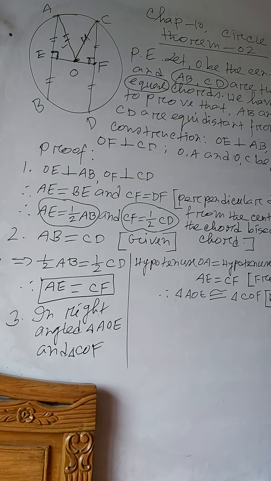RHS means in right angle triangle, hypotenuse and one side are equal. So easily you can say that the two triangles are congruent.